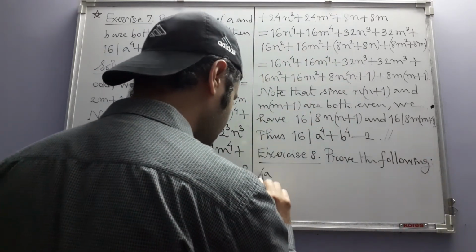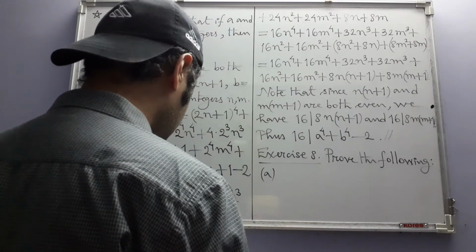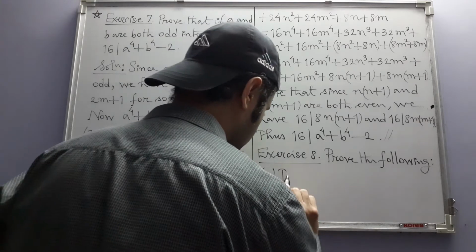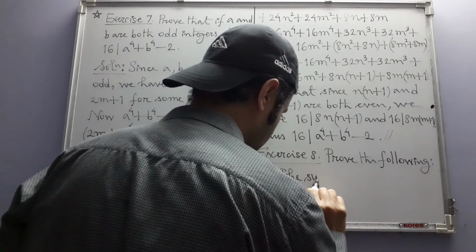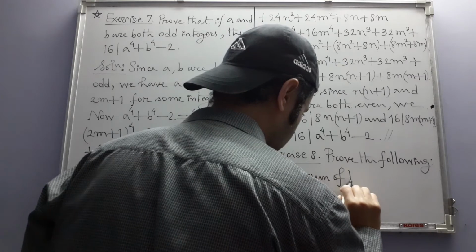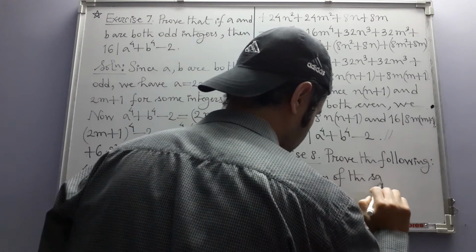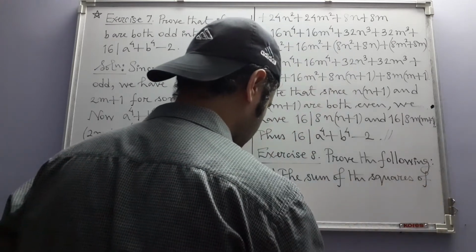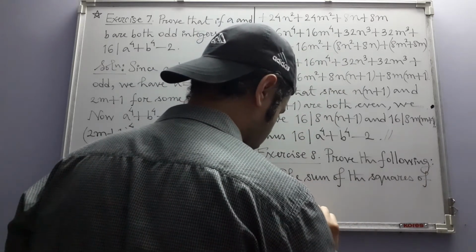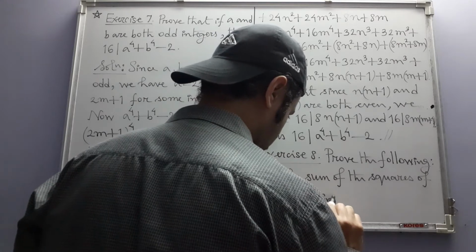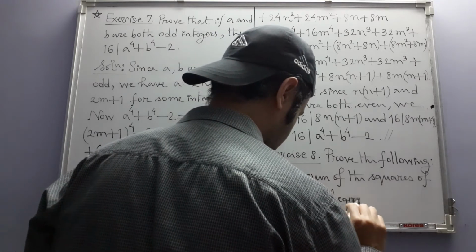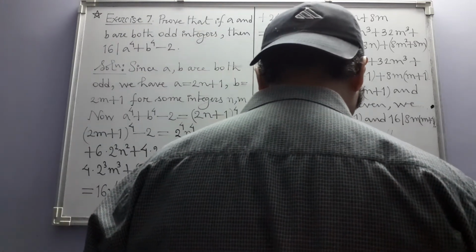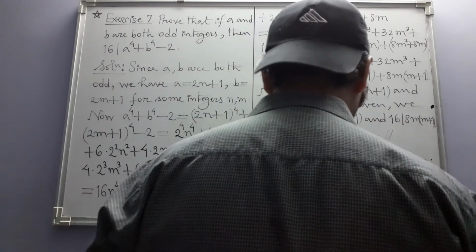Part A. The sum of the squares of two odd integers is never a perfect square, cannot be a perfect square.